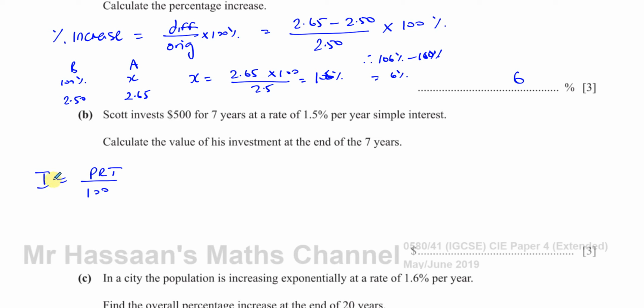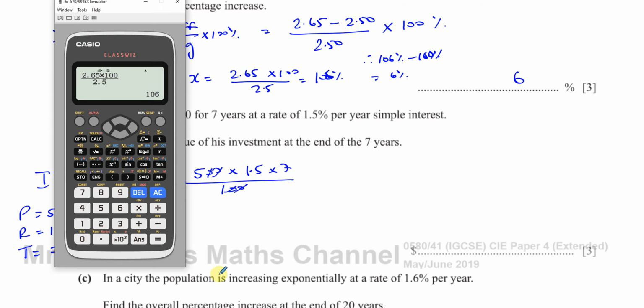That's the formula for simple interest, where P is the amount invested, which is 500, R is the rate, which is 1.5, and T is the time for which you invest it, which is 7 years. So this gives us 500 times 1.5 times 7 over 100. Those will cancel, and you're left with 35 times 1.5.